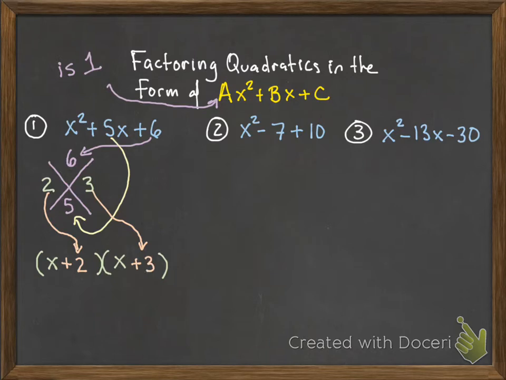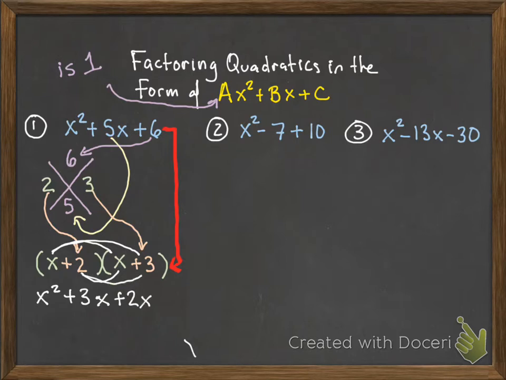Now, remember, the important part is that this is actually this expression factored. If you were to FOIL this out, and you don't have to do this every time, but I'm just showing you that what we did works, we would get x times x is x squared, 3 times x is 3x, 2 times x is 2x, and 2 times 3 is 6.